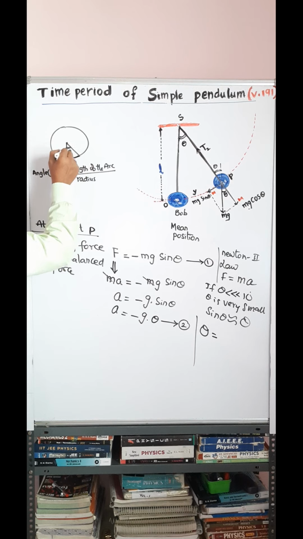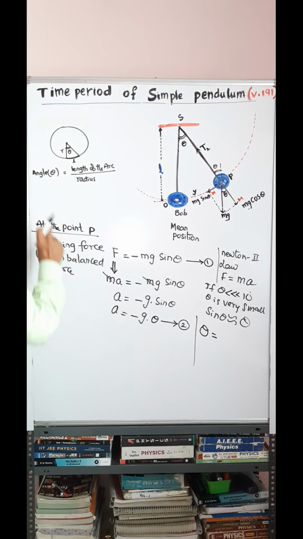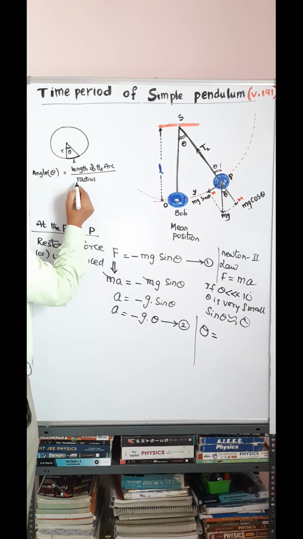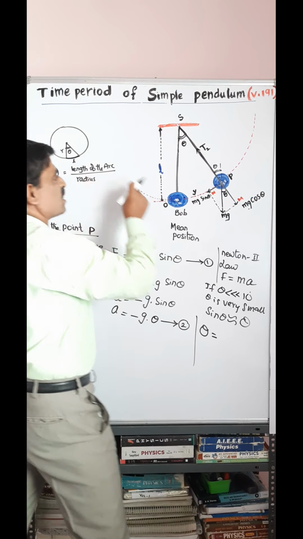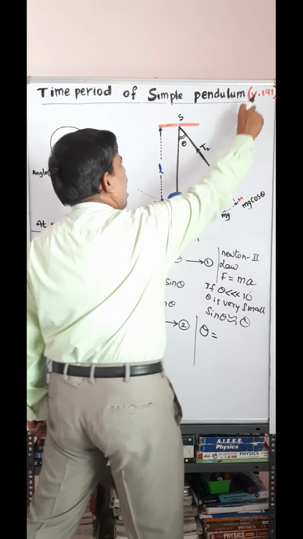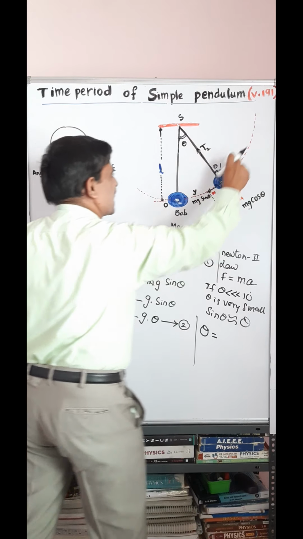It is the radius of the circle. Theta is the angle at the center. In our 10th class, there is a relation: angle theta is equal to the length of the arc by the radius. When the simple pendulum is oscillating to and fro, you consider it a circle.